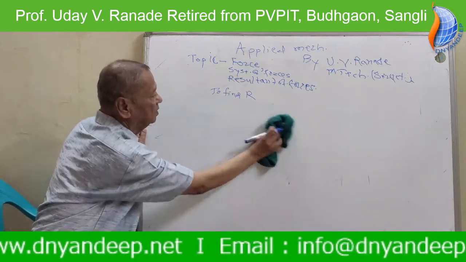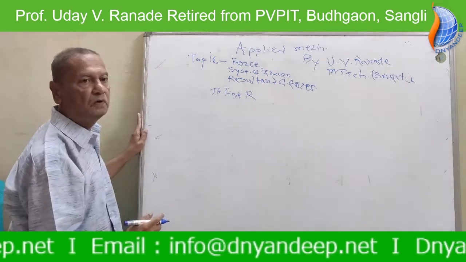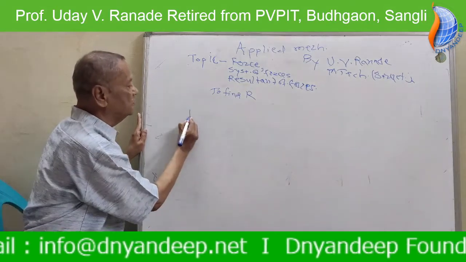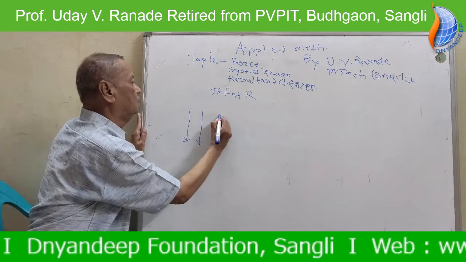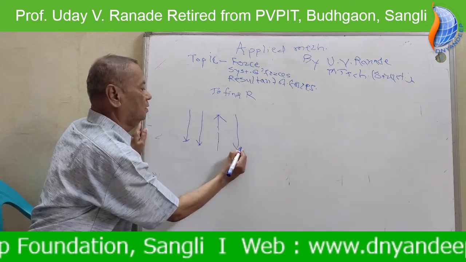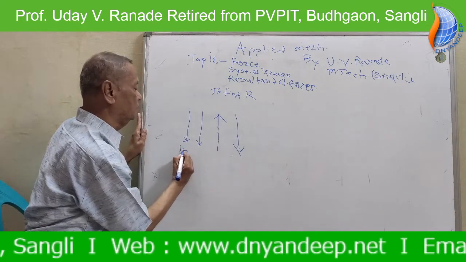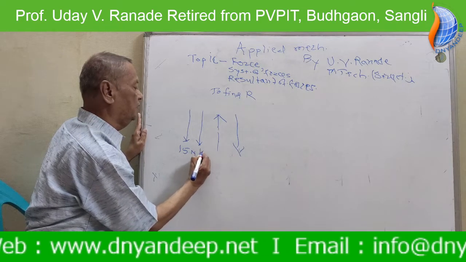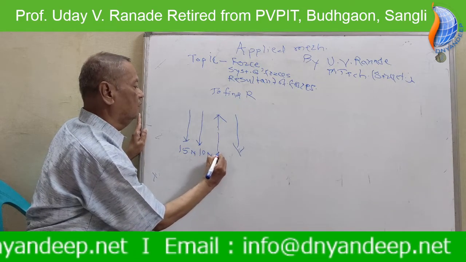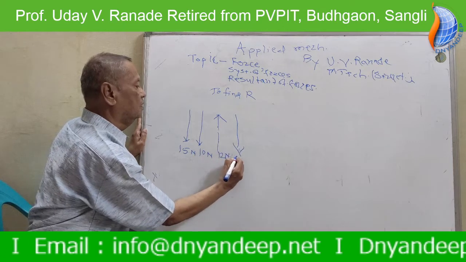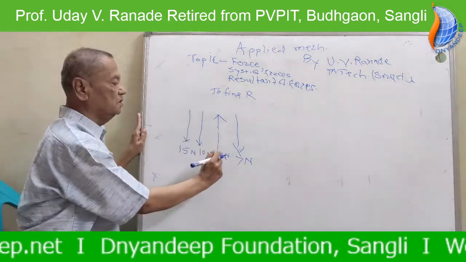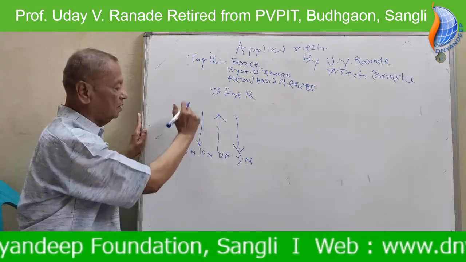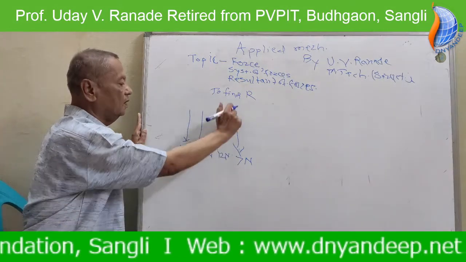Another example. I am going from simple to complicated. Suppose we consider parallel forces. Suppose 15 Newton, 10 Newton, 12 Newton, 7 Newton. This is downward, this is downward, this is upward. All are parallel, but downward, downward, upward, and downward.